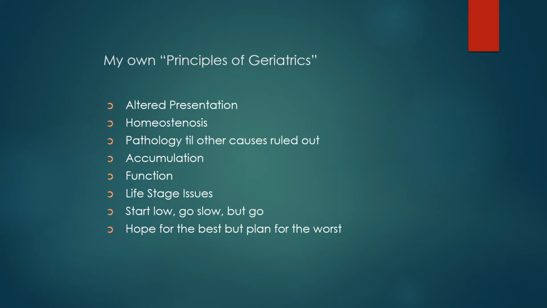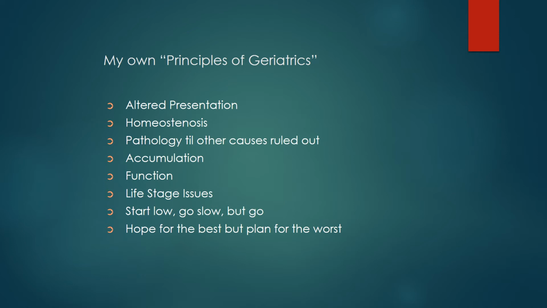Start low, go slow is something that a lot of geriatric pharmacology courses will definitely emphasize. I did add the "but go," which is something that a number of other folks have added over the years as well. That's basically saying that if you start low with a blood pressure medicine, go up gradually, but make sure that you do try to achieve a reasonable blood pressure.